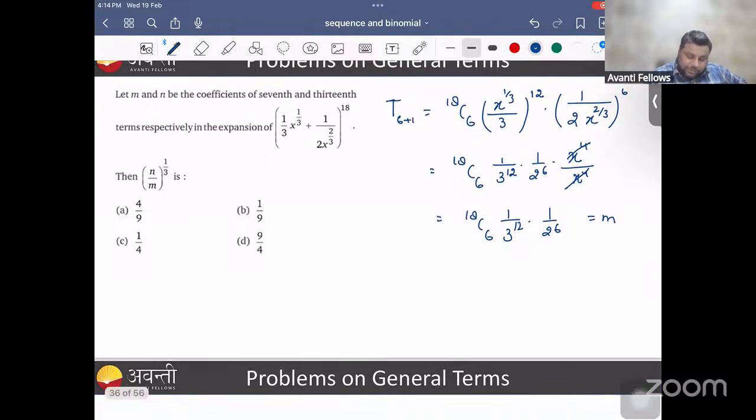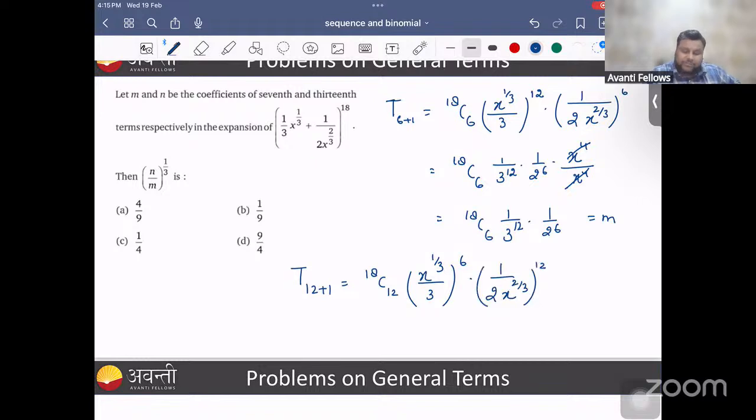Now let's come to the coefficient of the 13th term. So the 13th is T12 plus 1. That is 18C12 (x to the power 1 by 3 upon 3) raised to the power 6 into (1 upon 2x to the power 2 by 3) whole raised to the power 12. That is 18 minus 12, 6, and here it is 12.